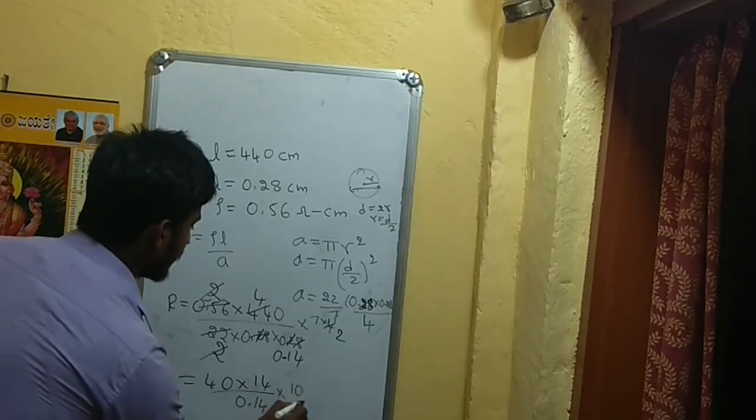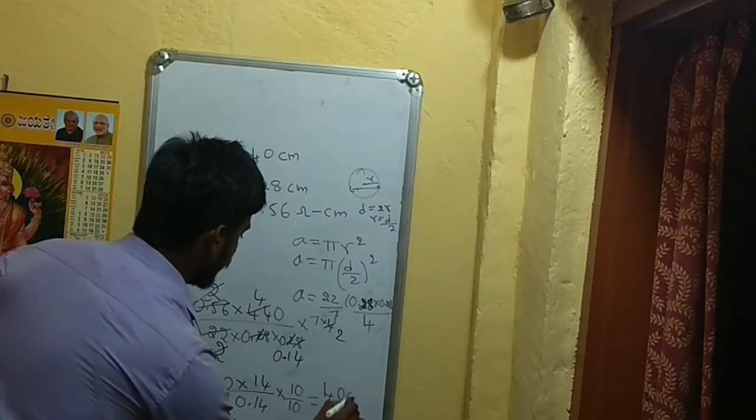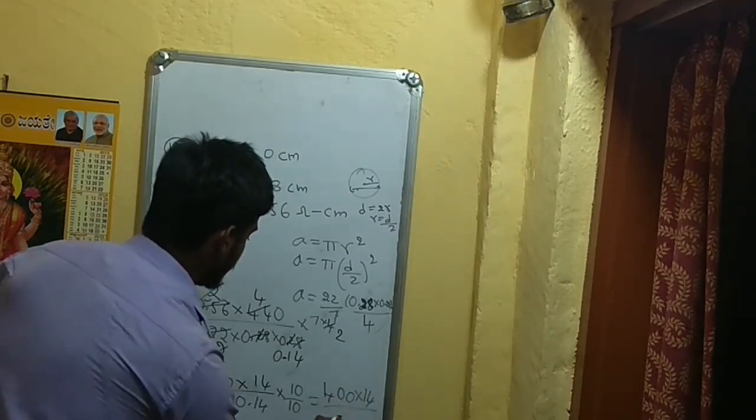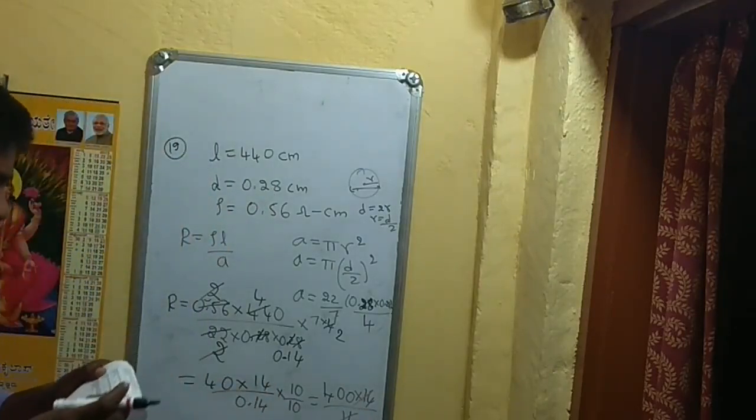If you multiply numerator and denominator by 10, it will be 400 into 14 by 14. 14 gets cancelled. Answer will be 400.